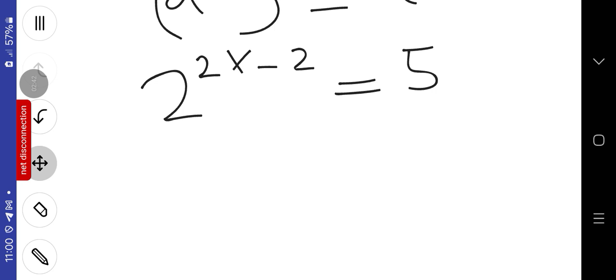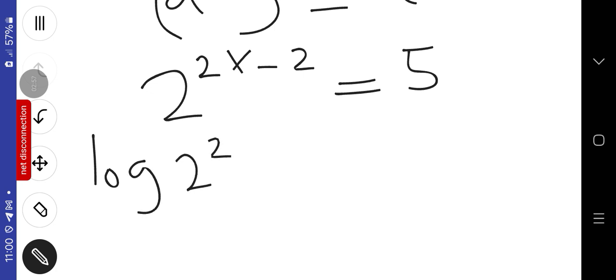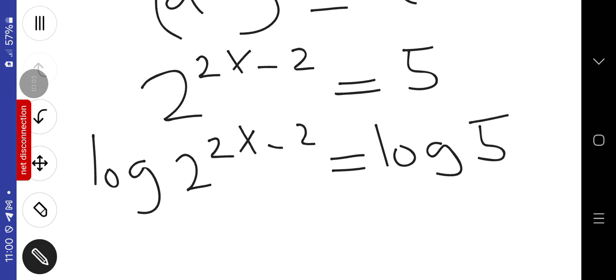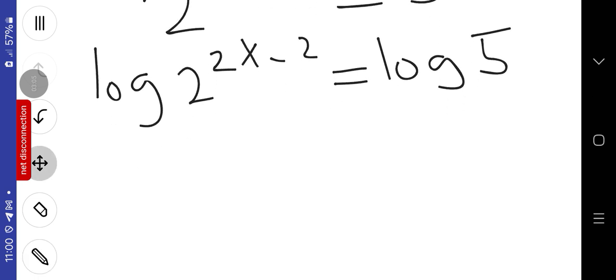Now you can see the base at the left side and the base at the right part are still not the same. So what we do, we introduce logarithm. We are going to introduce log here and then do the same thing at the right part of the equation. Because we have introduced logarithm, we need to look at the specific rule of logarithm that applies in this situation.